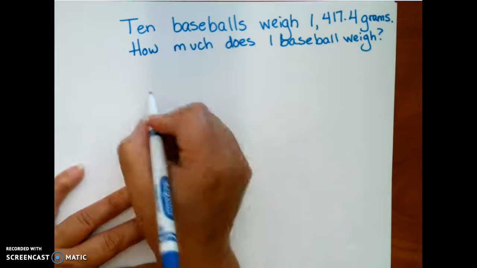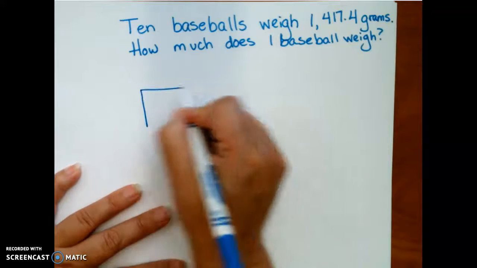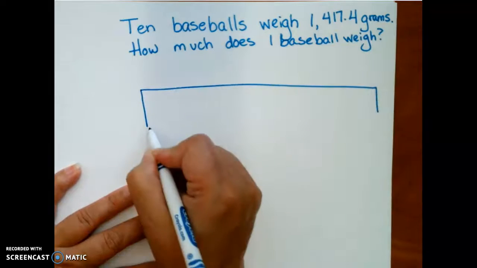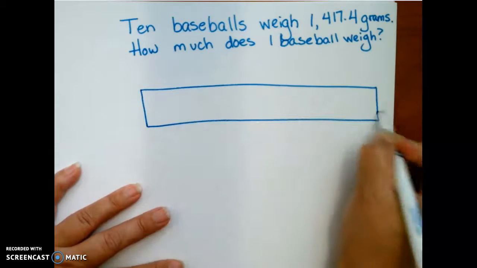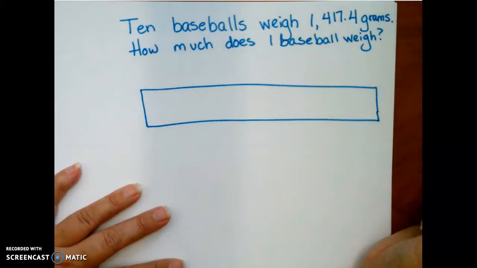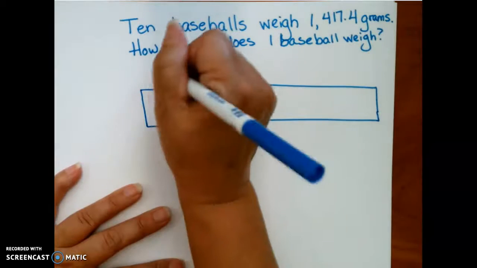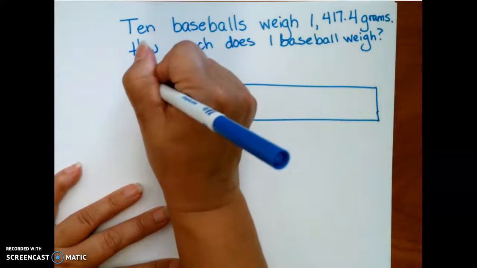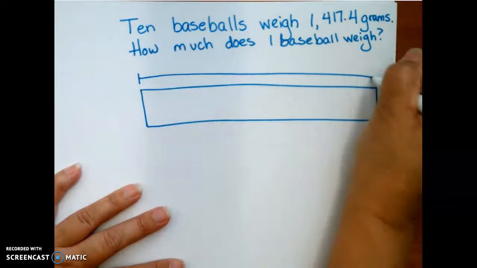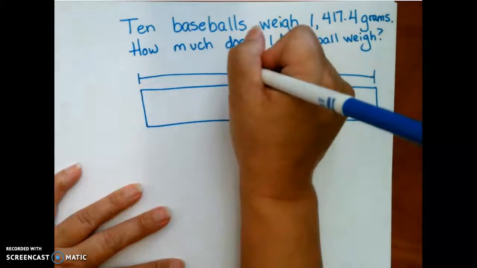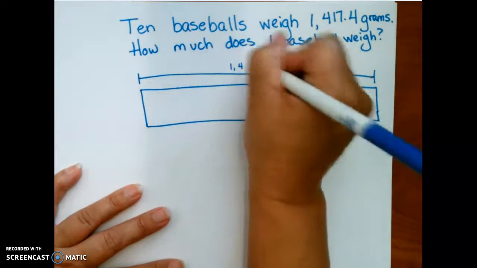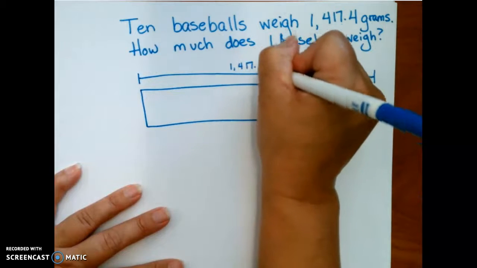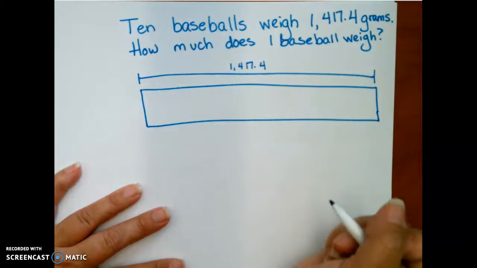Well, I am going to draw a tape diagram, or otherwise known as a bar model. And I have a weight that is 1,417 4/10 grams. How many baseballs do I have?